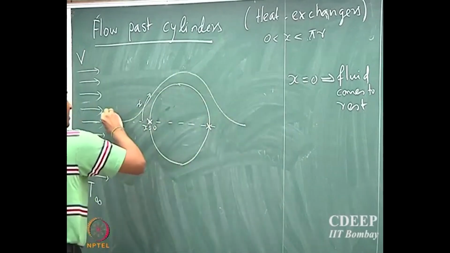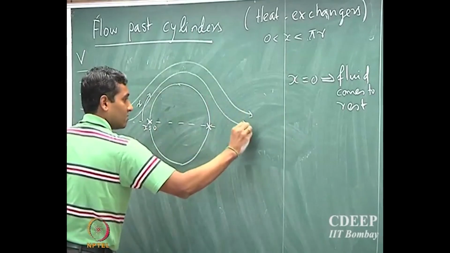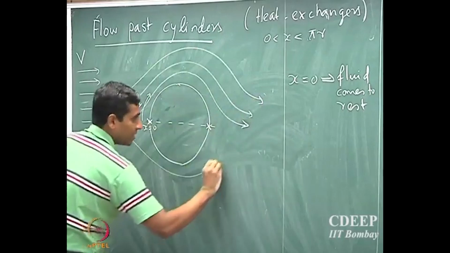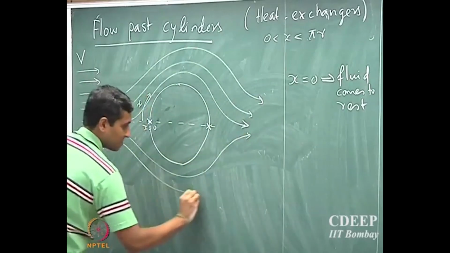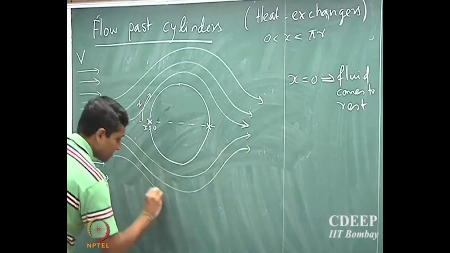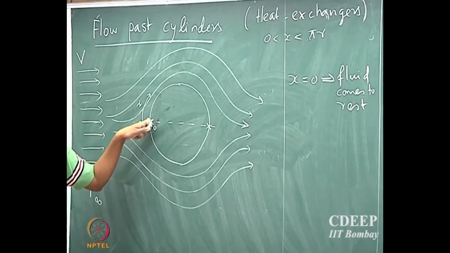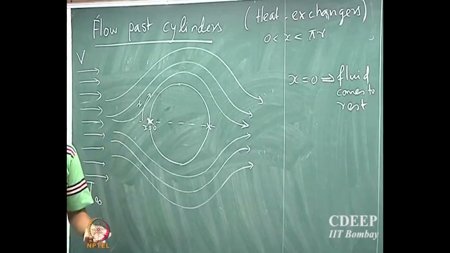So the fluid is actually taking this path, right. So really the fluid is never going to encounter this location x equal to 0, or rather the cylinder is never going to experience the fluid at that location x equal to 0.